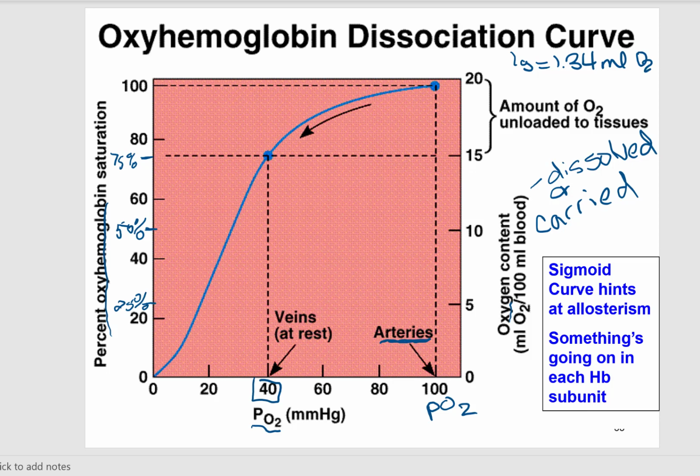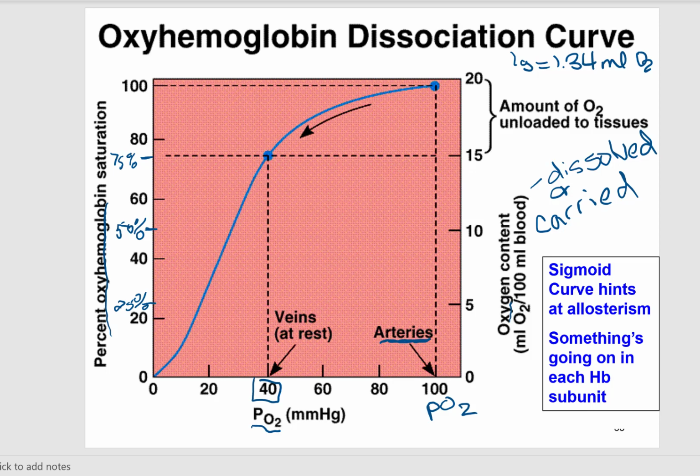A typical hemoglobin grams percent is 14 to 16 grams percent. So if I multiply 15 by 1.34 milliliters of oxygen for every gram of hemoglobin I have, I'm going to get close to this 20 milliliters per 100 milliliters of whole blood.